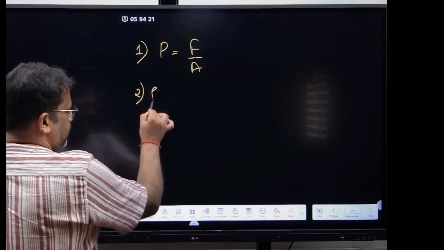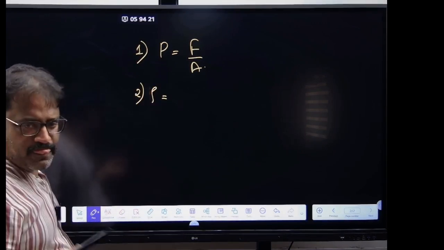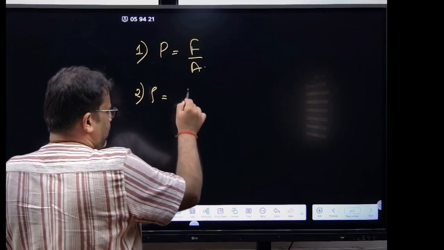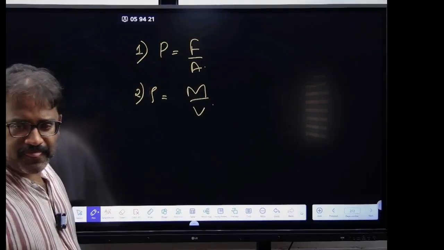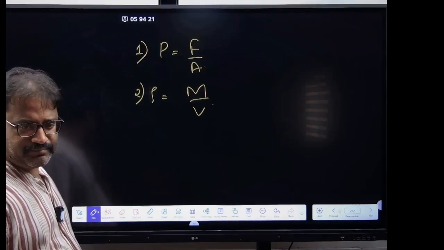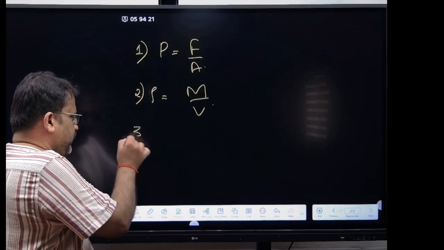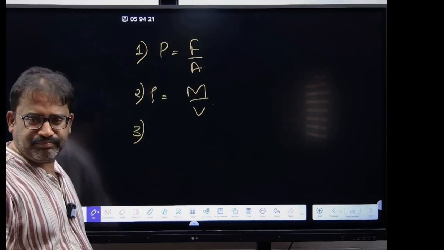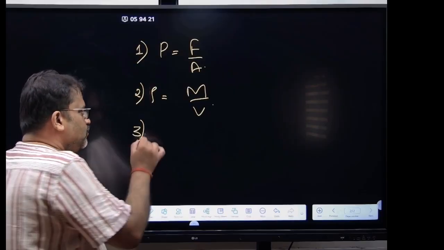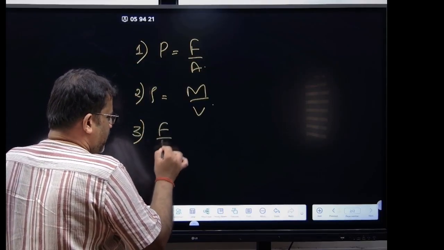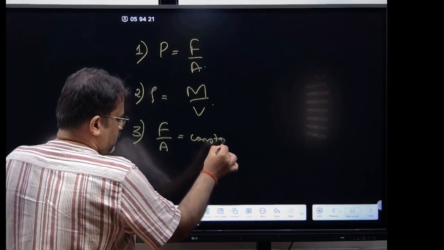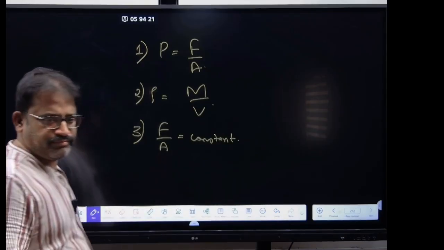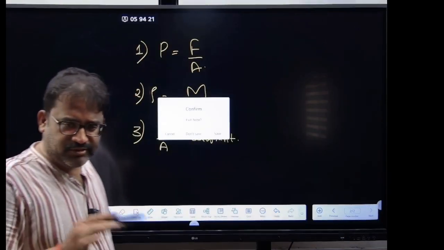Second, of course, density, which is equal to mass divided by volume. Okay. Third one is, children, Pascal's law, which says that F by A is equal to constant. That is Pascal's law.